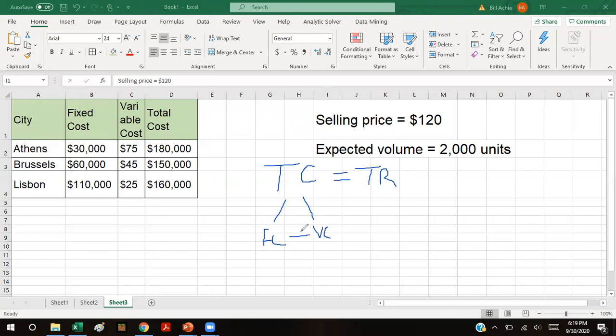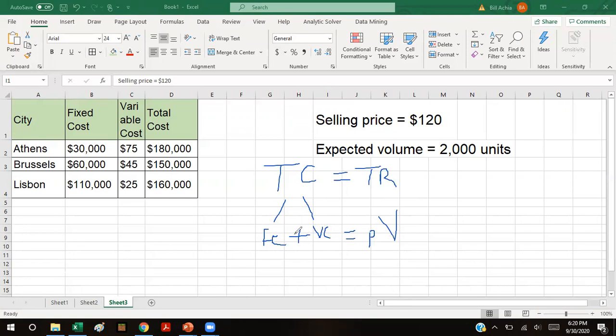Okay. So your total cost is the sum of the fixed cost plus your variable cost. And we're saying that this should equal your total revenue, or your total money that's coming in, okay? And the total money that's coming in is a function of the price of your product, let's say that's P, multiplied by the volume that you anticipate selling, okay?